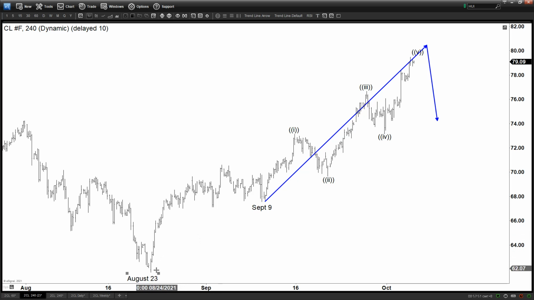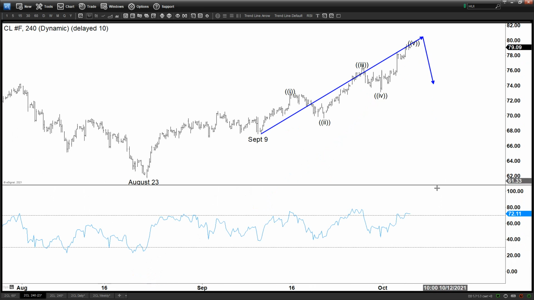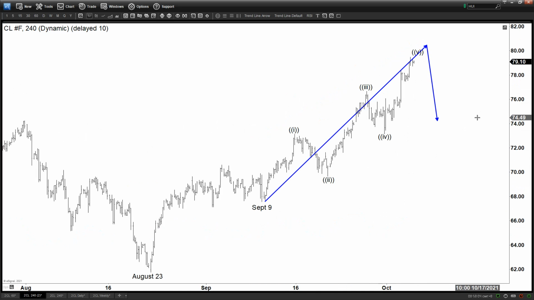Let's check out a couple of things here. You can see there is a divergence already here, right? But the problem is I don't think it is easy for you to call this cycle completed from August 23rd, and the reason is you can see in the swing, it has a 1, 2, 3, 4, 5, 6, 7 swing, technically speaking.